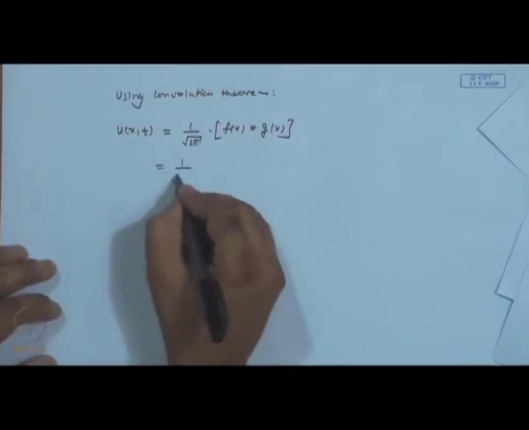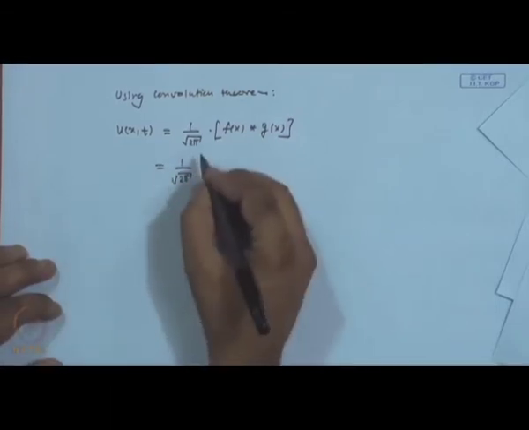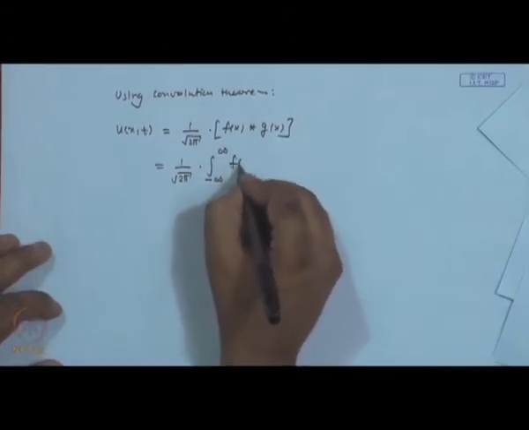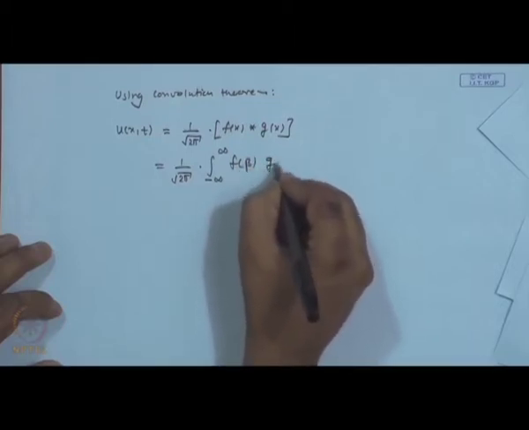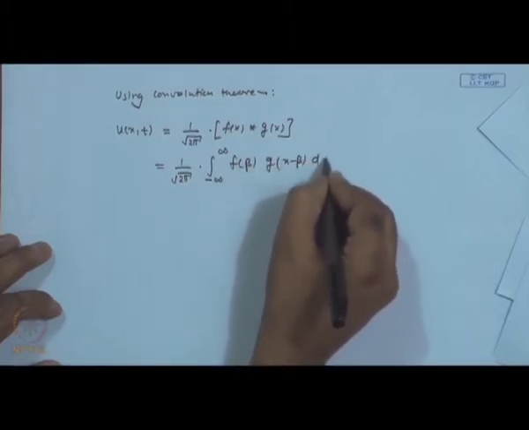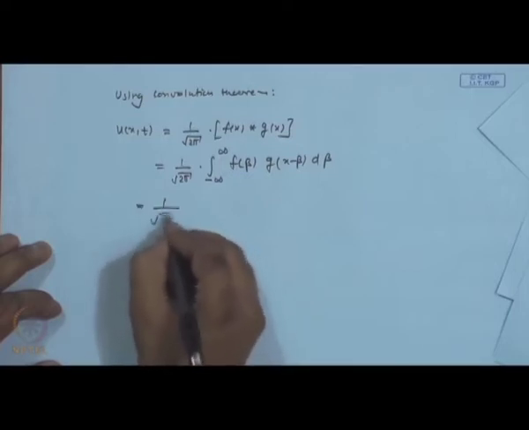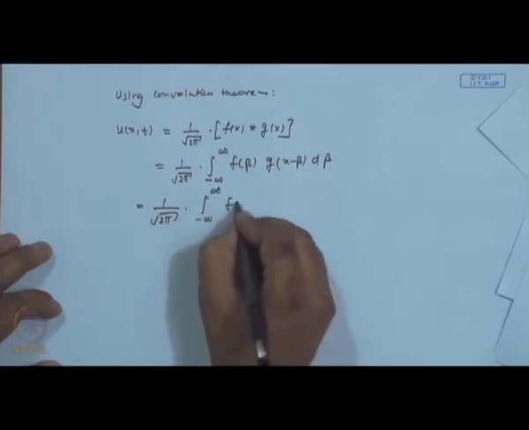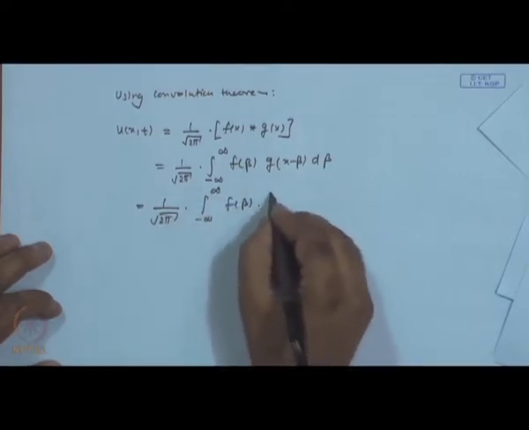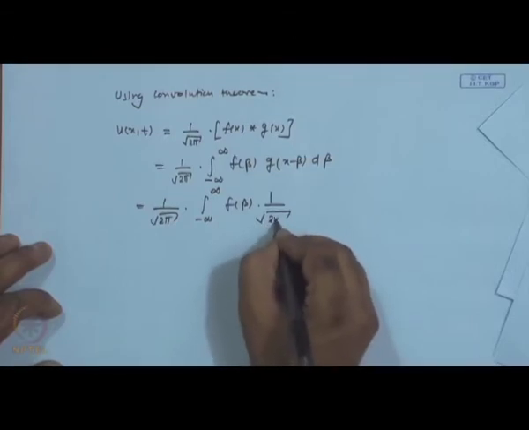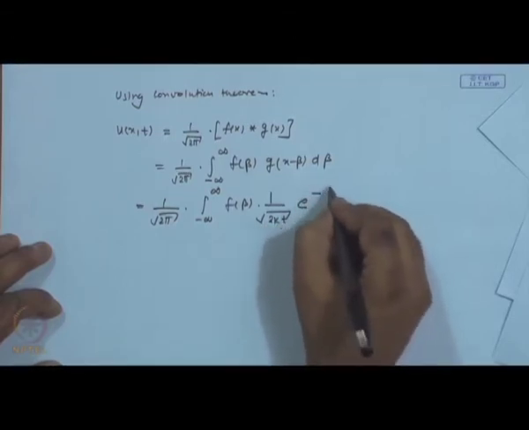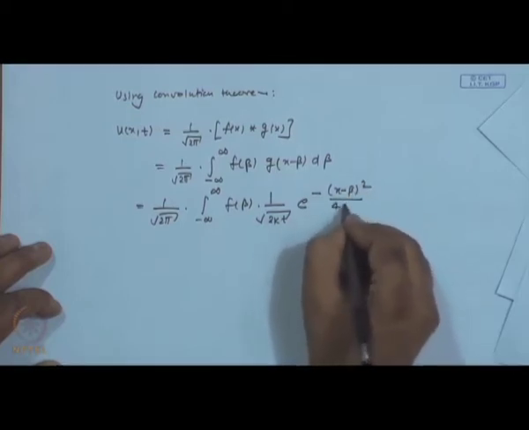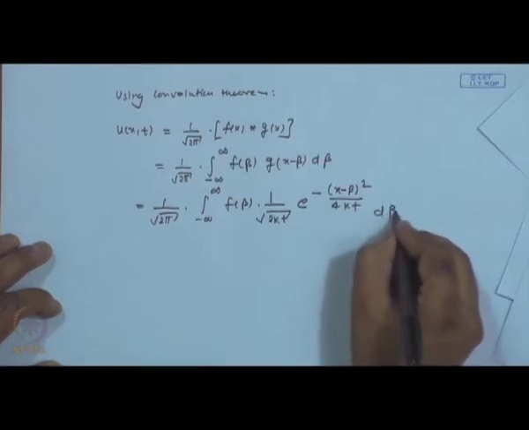So, this is 1 over square root 2 pi, and we have this convolution, minus infinity to plus infinity, f(beta) and g(x minus beta) d beta. So, 1 over square root 2 pi, and minus infinity to plus infinity, we have f(beta), and g is given, 1 over square root 2kt, e to the minus (x minus beta) square over 4kt, and we have d beta.